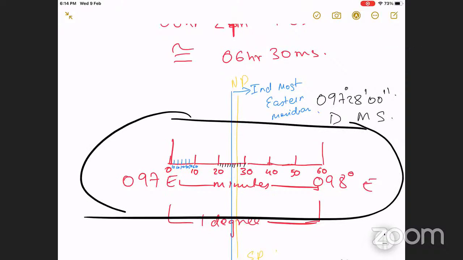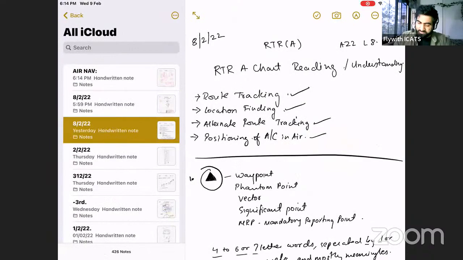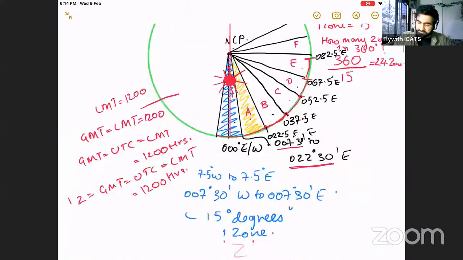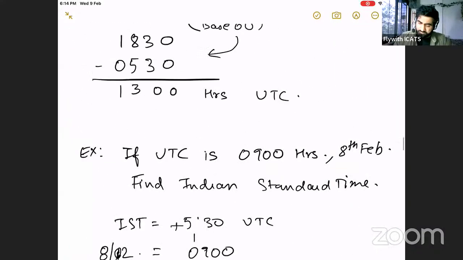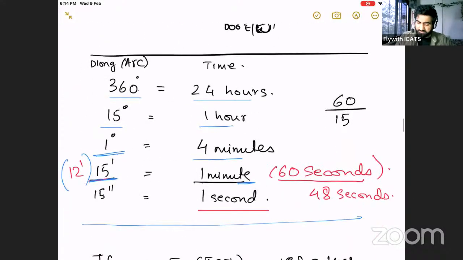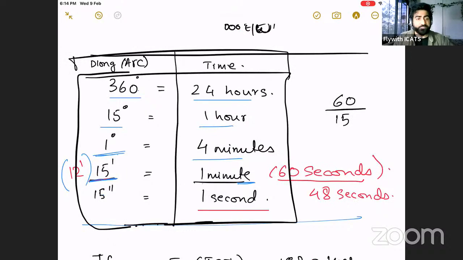But sir, here you have segregated it into 60 minutes, right? 1 degree into 60 minutes. So then you're missing this point. This table. Look at this table. Right? You're missing this then.